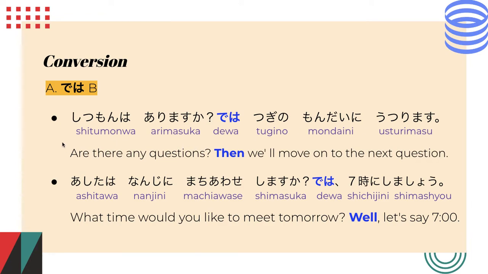To say this in Japanese, 質問はありますか？では、次の問題に移ります。So phrase A is asking a question. After では, phrase B says, okay, then let's move on to the next question.